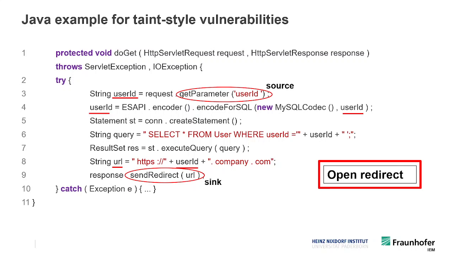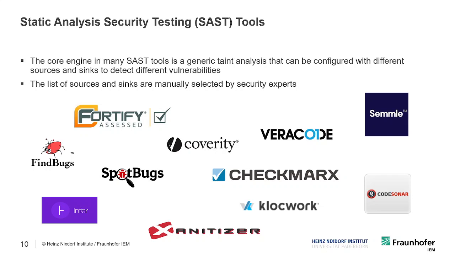so this kind of taint analysis is very much used now in practice, in commercial tools and open source tools. Here are a set of popular tools that you can have a look at. Some of them are open source, for example SpotBugs, FindBugs, and Infer.